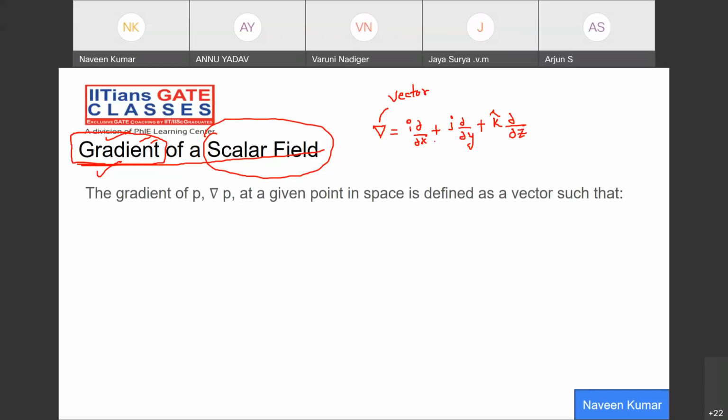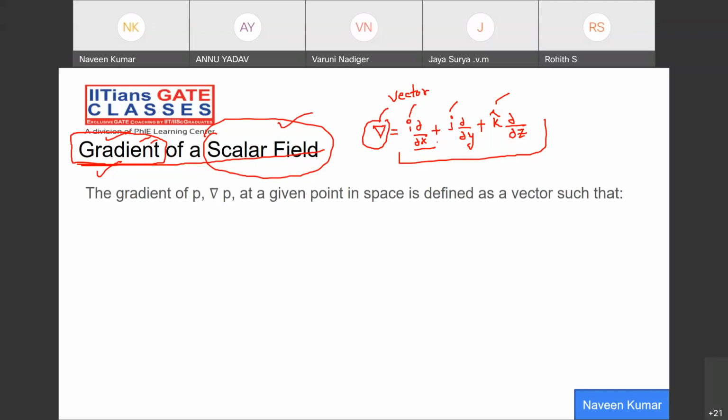You know what i, j, k are? The unit vectors: unit vector in x direction, unit vector in y direction, unit vector in z direction, right? So this del operator you are going to use for finding the gradient of a scalar field. This del operator is basically showing the gradient, like it is differentiating with x, y, z. It is giving the rate of change with x, with y, with z.